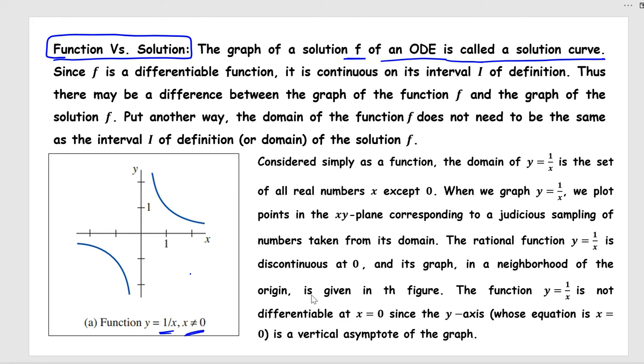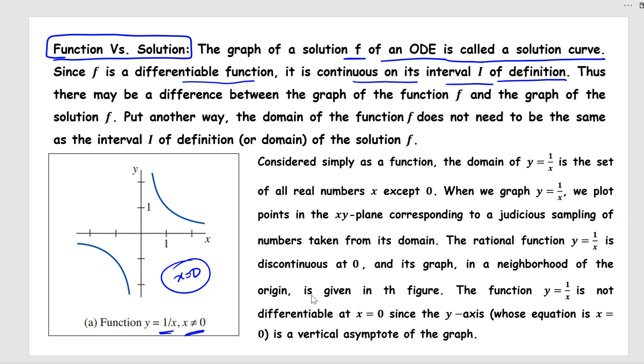Since we are assuming f is a differentiable function and continuous on the interval I of definition, except at 0, this function is continuous, because at x equals 0 we have a vertical asymptote for this function.